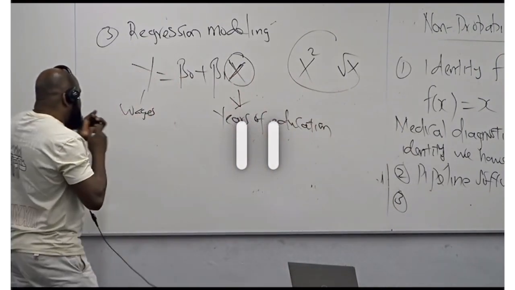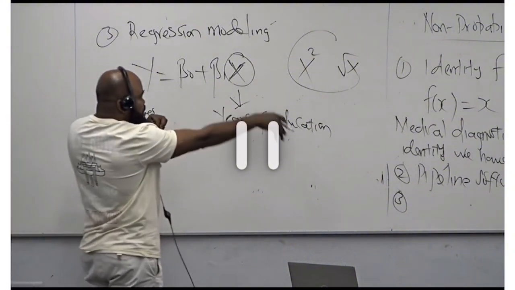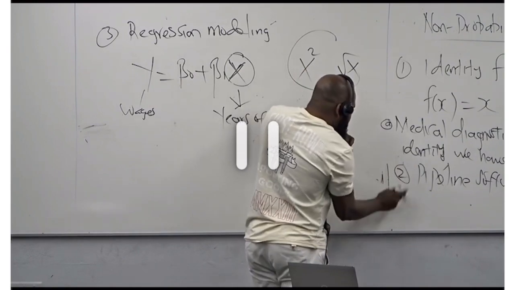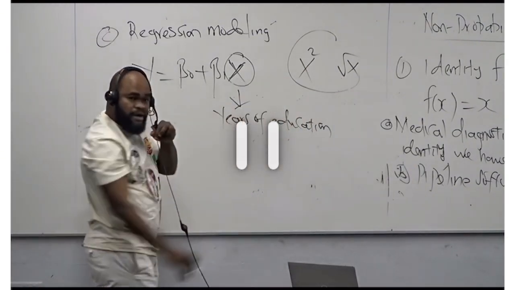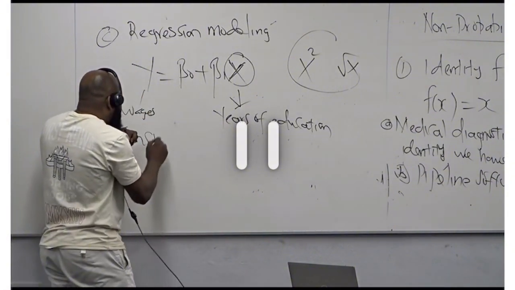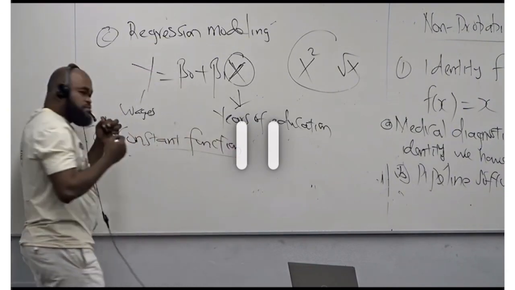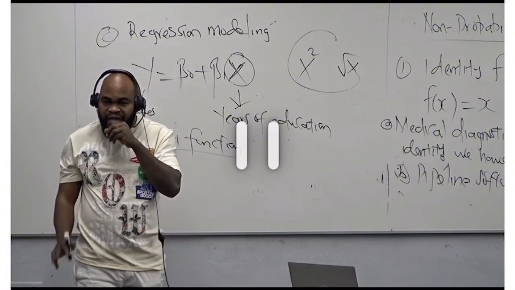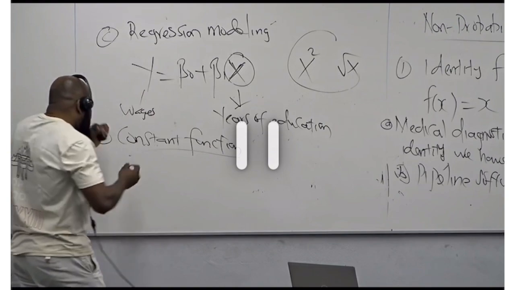Another function that I'm going to talk about. If you take a look at this, let me call this A, this B, and this C. I've been talking about the identity function. Now, I want to talk about the constant function. The constant function is very useful as a baseline or for reference comparison.